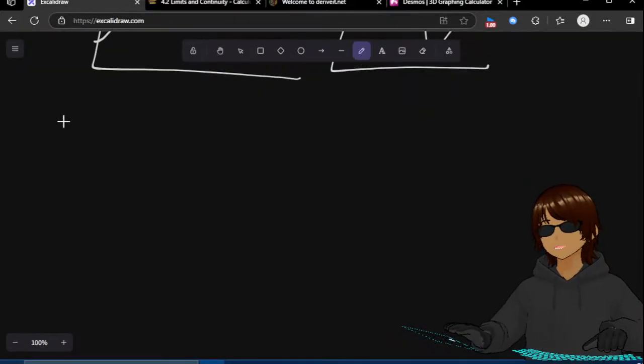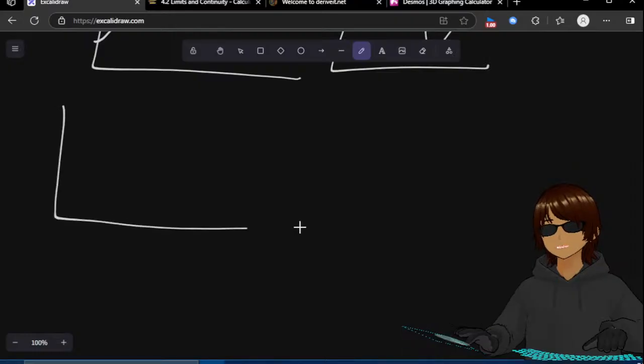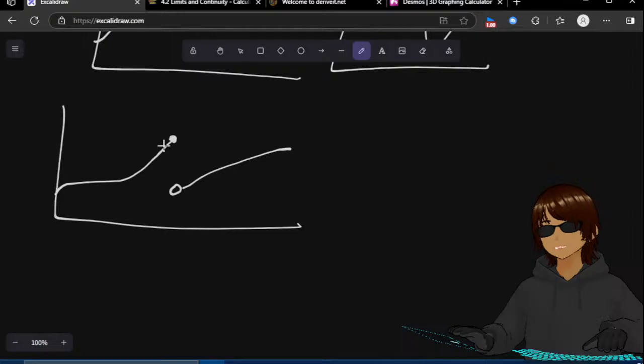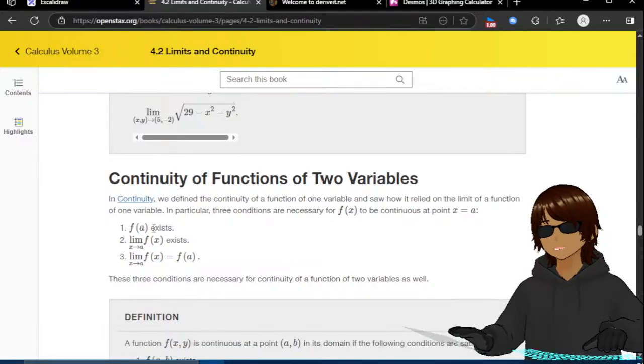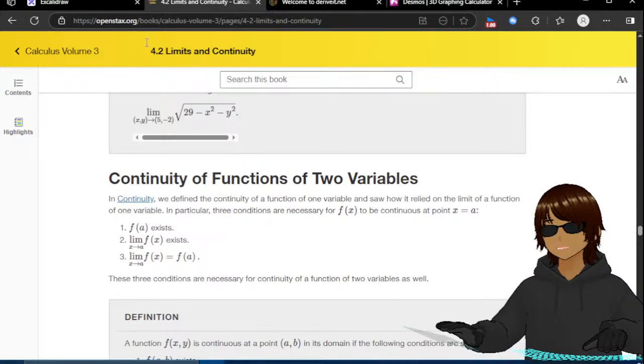So what does it mean for the limit to exist? Let's say the function is this, defined at this point, not defined here. So the limit doesn't exist because the left limit and right limit are different. So this needs to be valid. This number 2 needs to be valid. And then number 3.